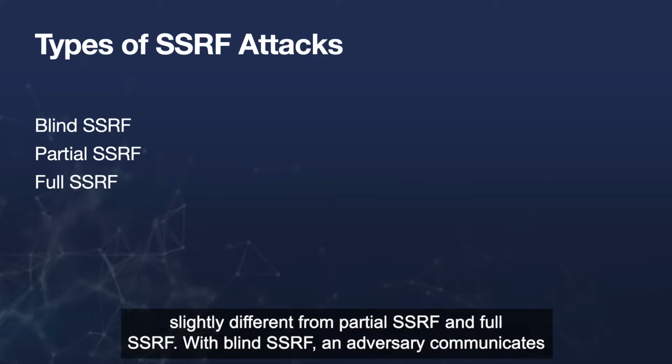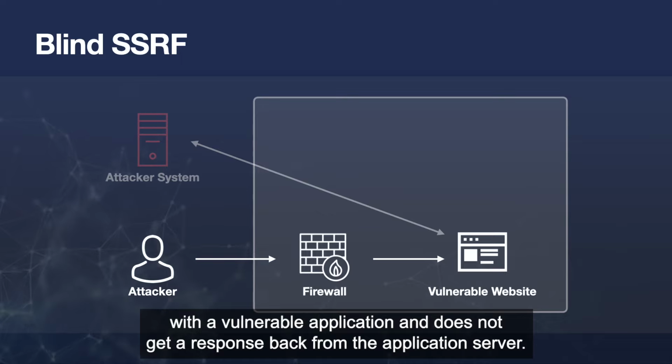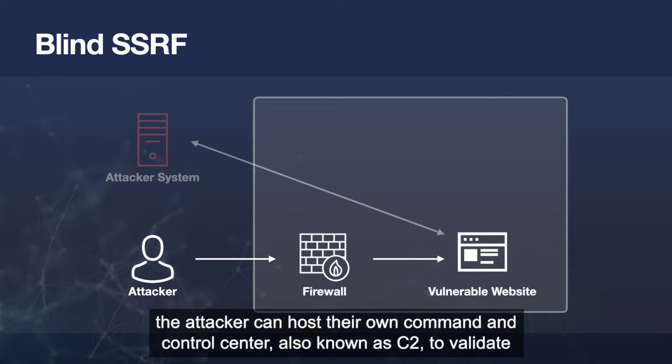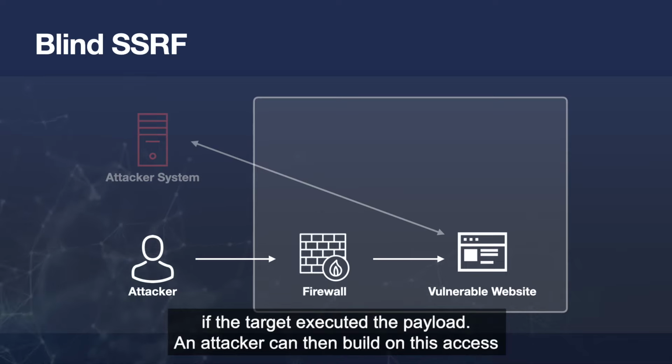With blind SSRF, an adversary communicates with a vulnerable application and does not get a response back from the application server. Consequently, the attacker does not know whether the payload was executed or not. In this scenario, the attacker can host their own command and control center known as C2 to validate if the target executed the payload.